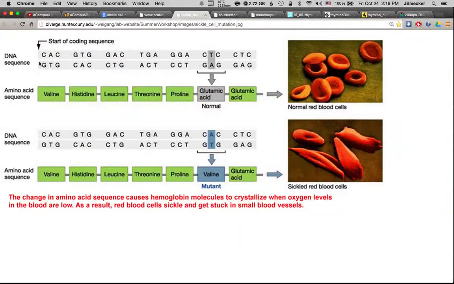Here's the DNA sequence that produces normal red blood cells. So the amino acid sequence for their structure is laid out here, and at the bottom, what you'll see is the complement to that sequence. So we're looking at the double-stranded DNA here. Now this calls for glutamic acid.